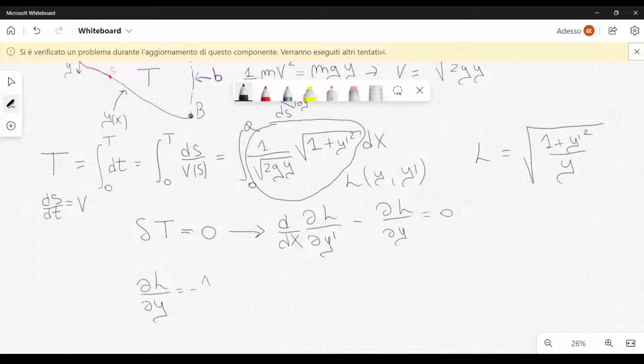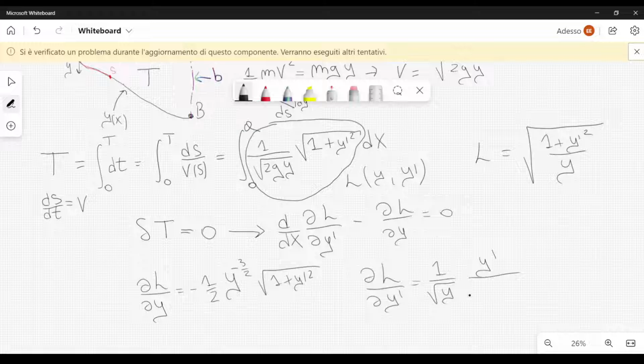which is equal to minus 1/2 y to the minus 3/2 square root of 1 plus y prime squared. We have to calculate dl over dy prime, which is 1 over square root of y times y prime divided by the square root of 1 plus y prime squared.